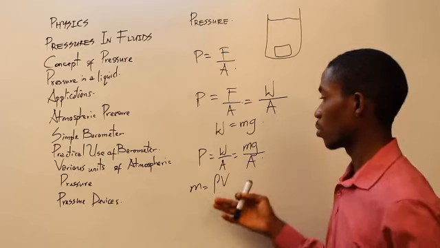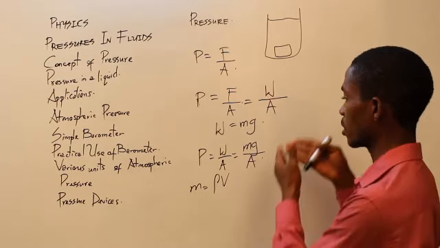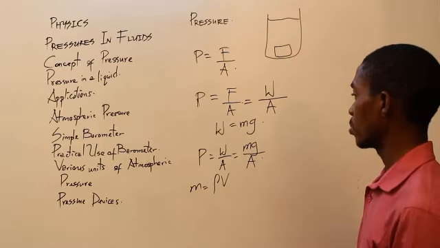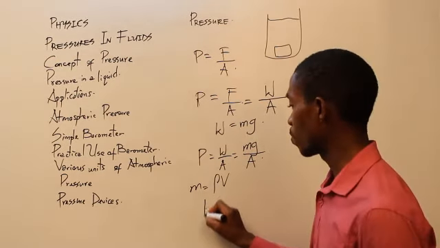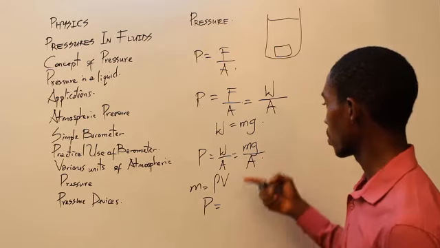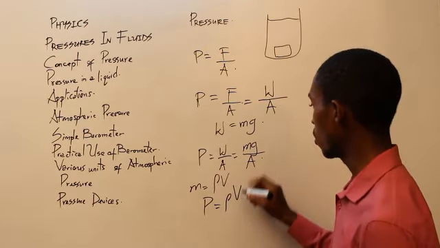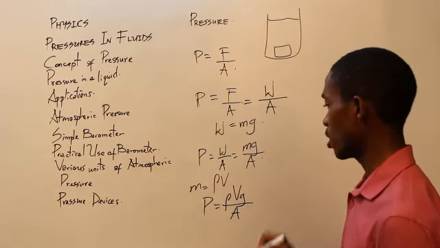So, with the density and volume now, introducing that into the equation, that's taking away m, our new formula would become: take out mass and you put both of them, that's density multiplied by volume multiplied by acceleration due to gravity divided by area.